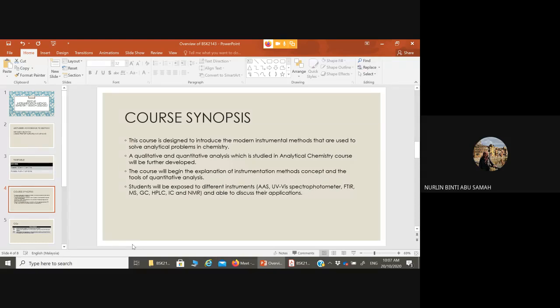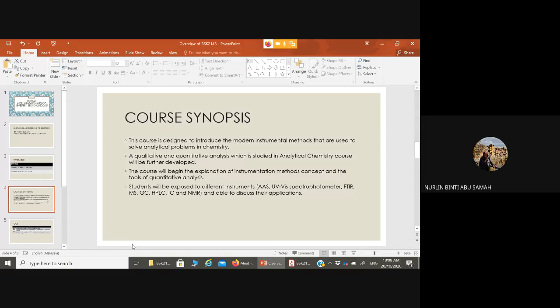GC is gas chromatography, and next is HPLC. You will learn about high performance liquid chromatography. Then inductively coupled plasma, but I think that part will be covered by Dr. Hazrul. And the last one is NMR, nuclear magnetic resonance. So why do we have lots of instruments?